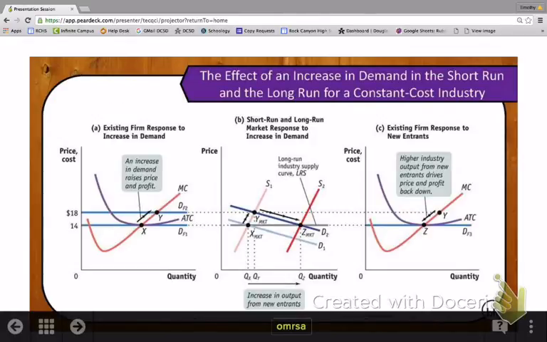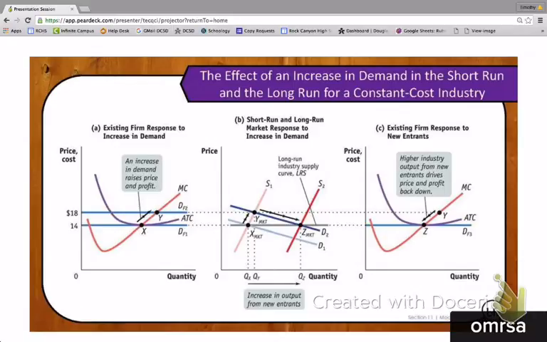So this shows you the effect of an increase in demand in the short run and the long run for a constant cost industry. You can see in panel A, the existing firm's response to an increase in demand is to increase its output from X to Y, making economic profits. That causes the supply to increase by attracting new entrants into the market.